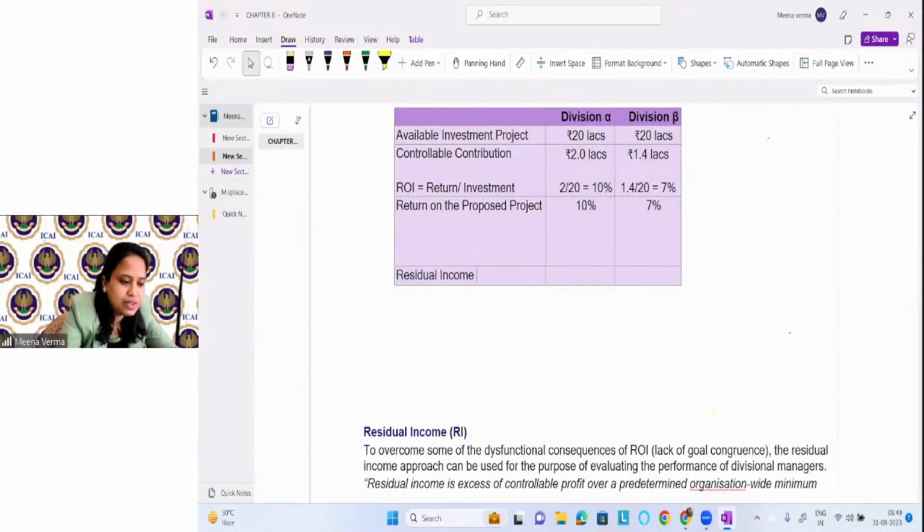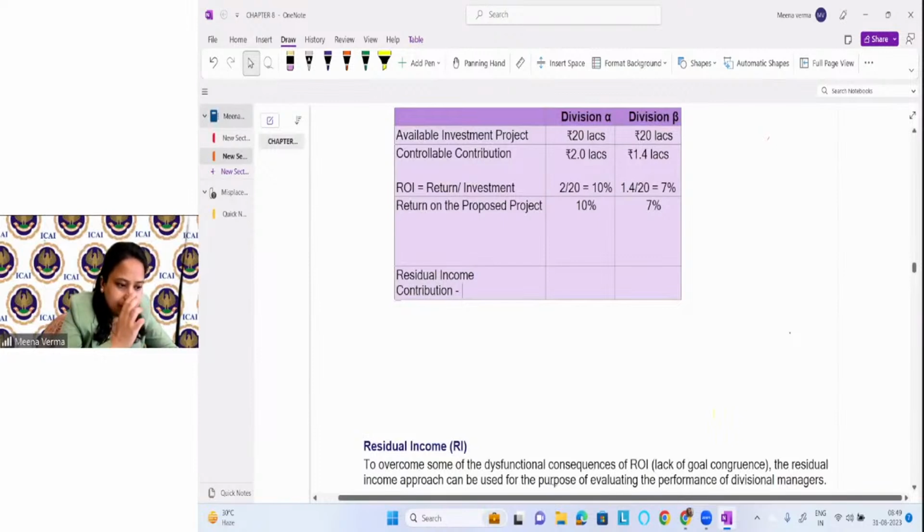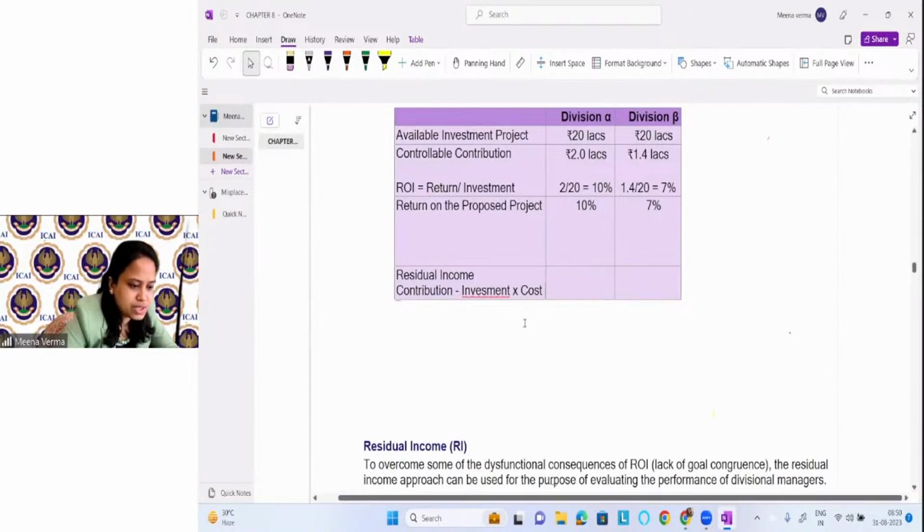How will we find it? We will consider the contribution minus the investment times the cost of capital. You can see in both cases the cost of capital for the company is 8%.